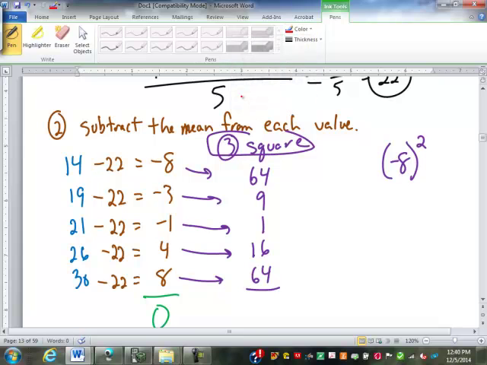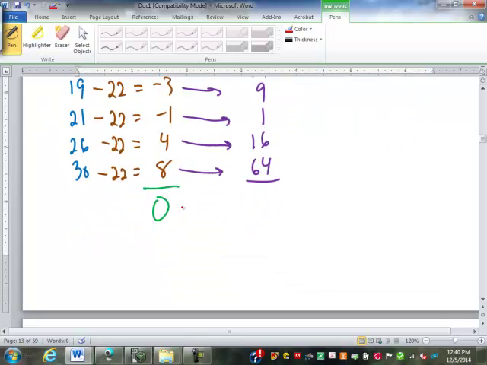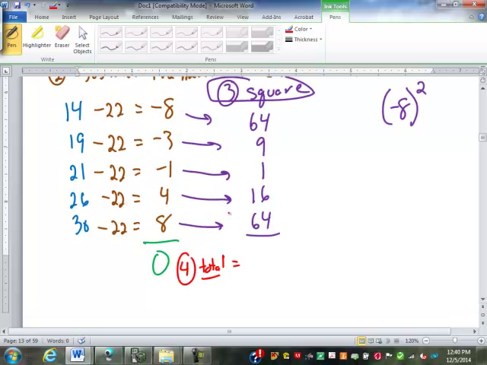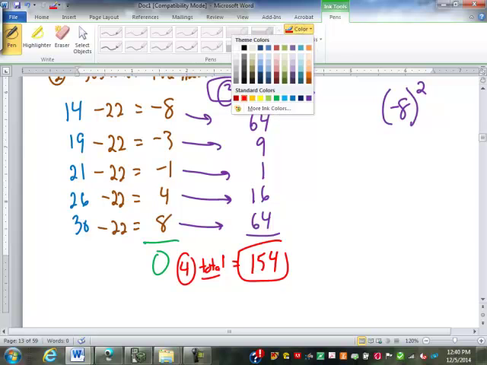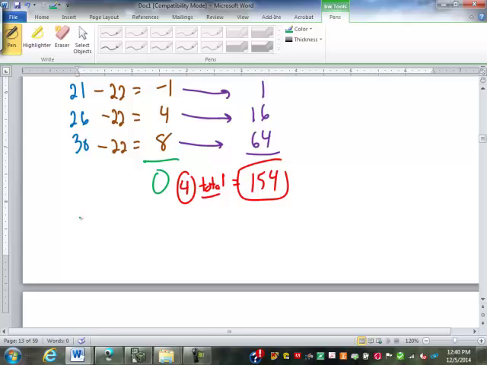Step 4. Total those up. Add those numbers together. What do we have? 80, 90, 154 is the total. Step 5. We're going to divide by n minus 1.